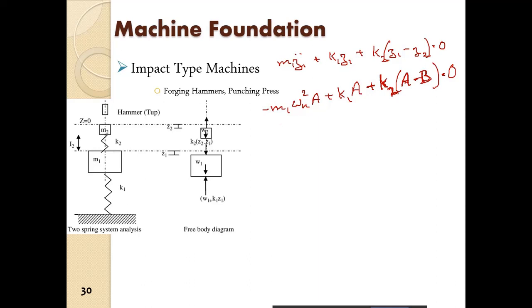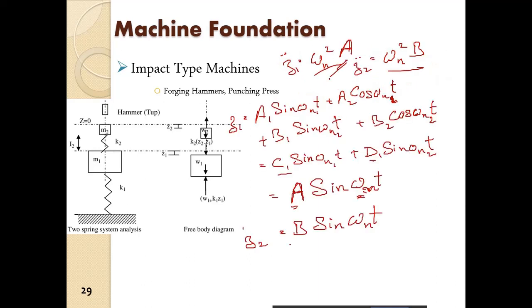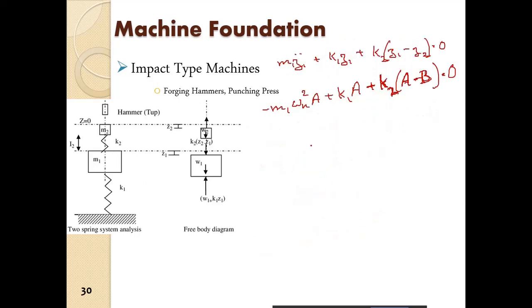Okay, so we have this equation of motion. If we put that again in the other equation, similarly we have m2 z2 acceleration plus k2 into z2 minus z1 equal to 0.